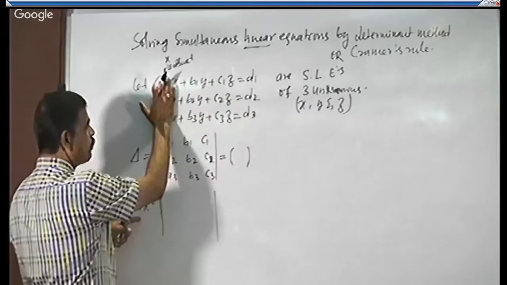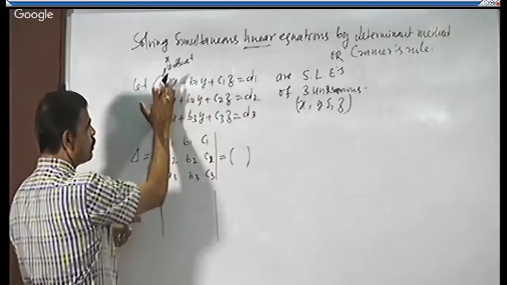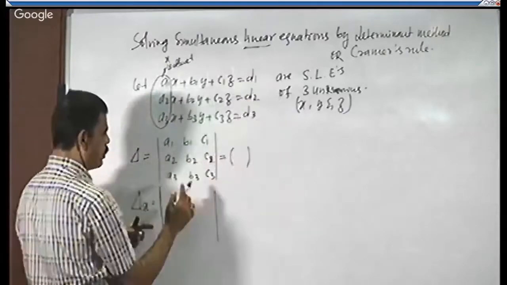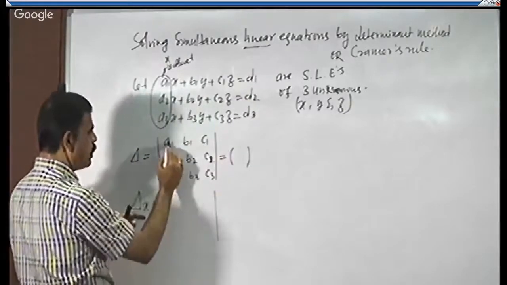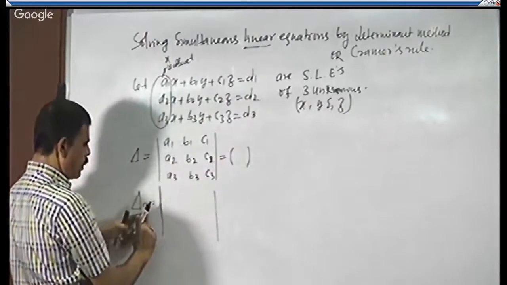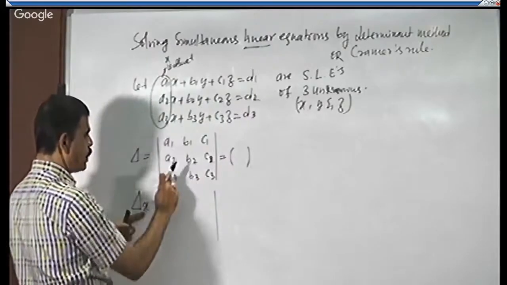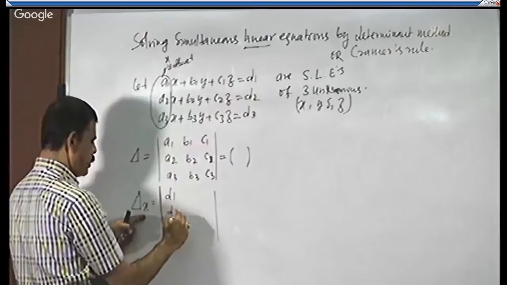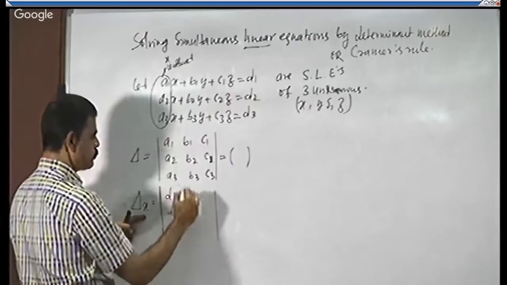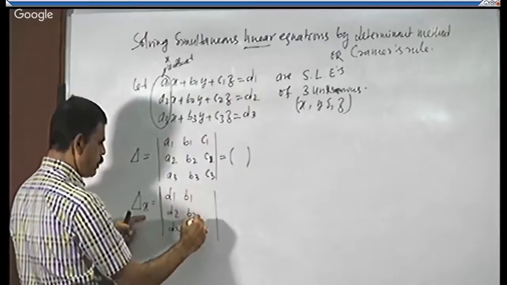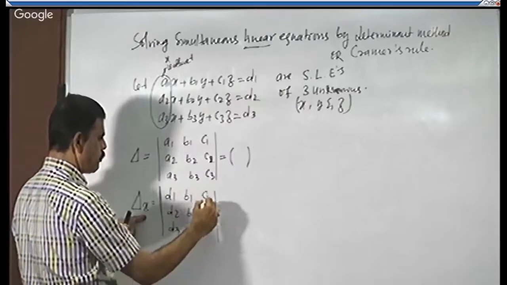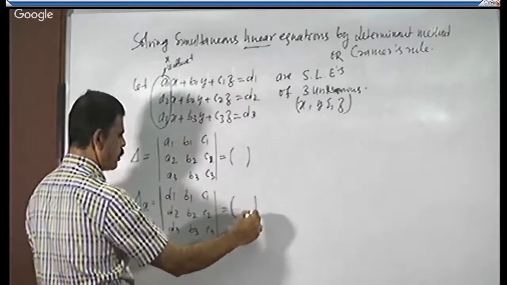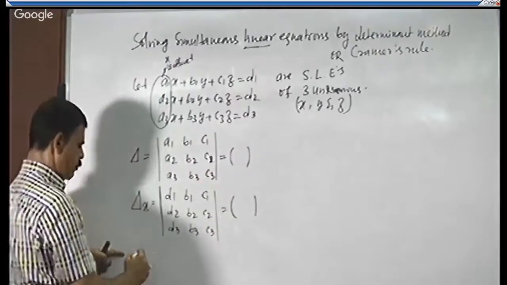The x coefficients A1, A2, A3, they are replaced by D1, D2, D3. Just observe this delta. In delta, you replace x coefficients by the constants. We get D1, D2, D3, B1, B2, B3, C1, C2, C3. Expanding it, you will get some value.